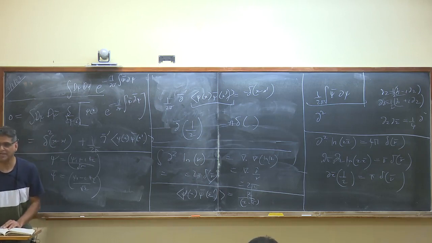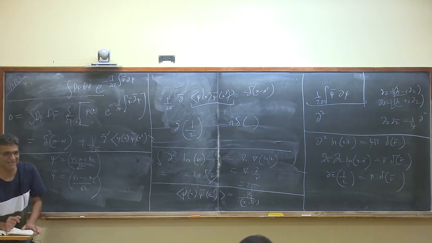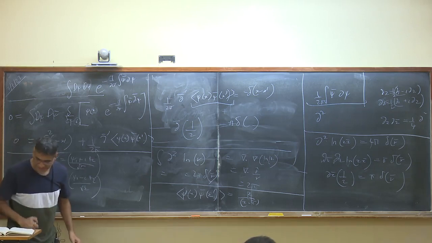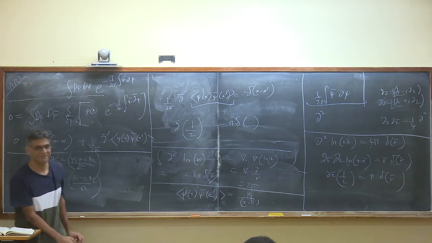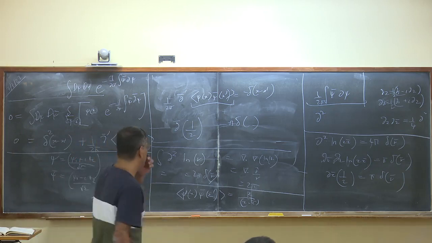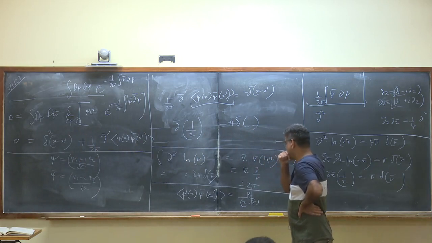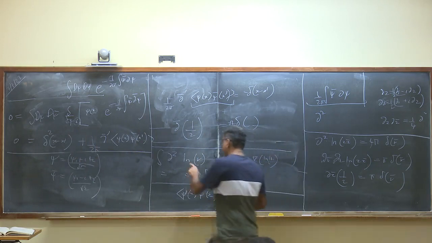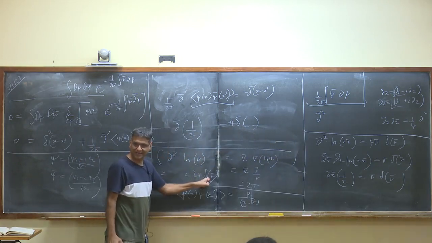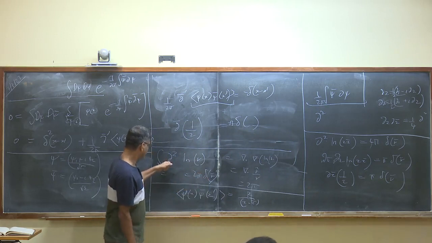Give me a minute, otherwise I'll leave it for you guys to fix the factor of 2. Let's see if I can fix it in a minute. Polchinski claims del z bar of 1 by z is 2 pi delta. So we messed this up. This is correct.